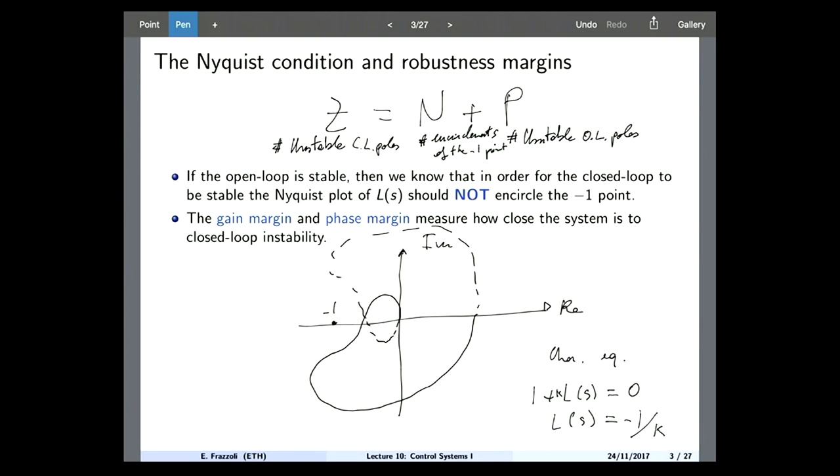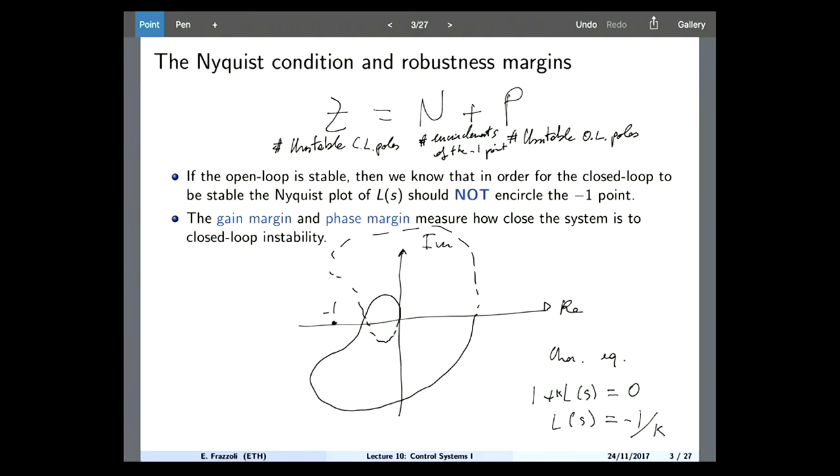How far am I from being unstable? How do you measure how far you are from being unstable in this Nyquist plot? Essentially what I want is that I don't want this curve to ever get close to this -1 point, because as soon as you go over it, then you will encircle it.